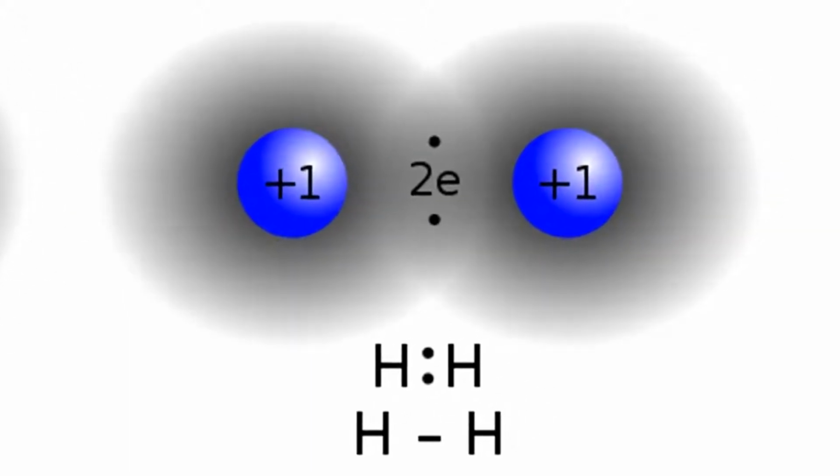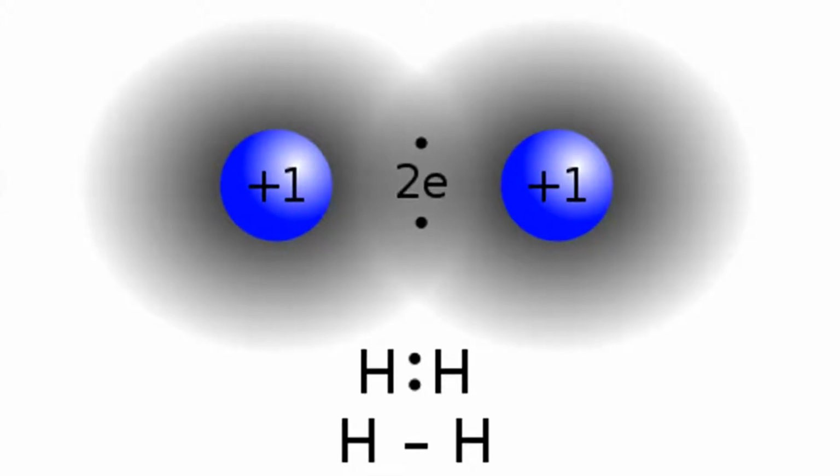They're both +1, and thus there are two positive charges, and there's a total of two electrons, two negative charges, but those two electrons are being shared by both hydrogens. In the Lewis dot structure, we put two dots in between the two hydrogens, or sometimes we just have a dash that means a pair of electrons being shared.